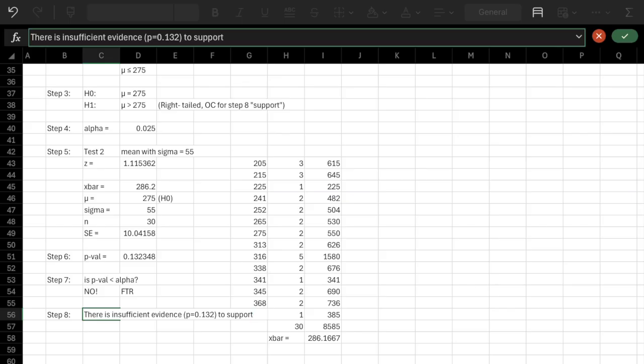That's step 3, way back in step 3. There's insufficient evidence to support the claim that the mean bench press is greater than 275 with 95% confidence.